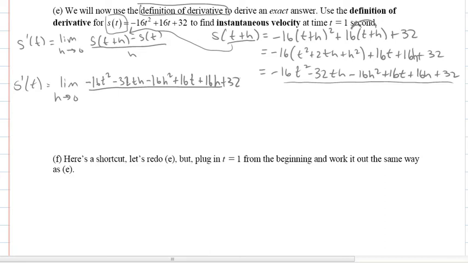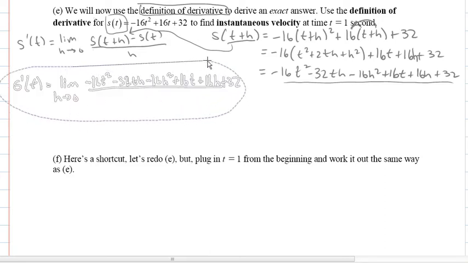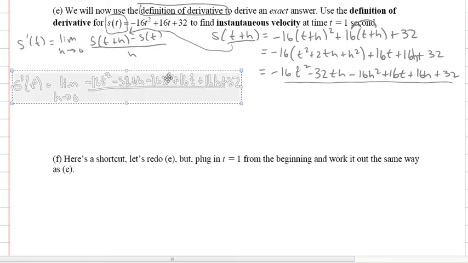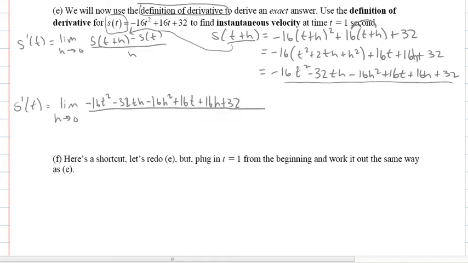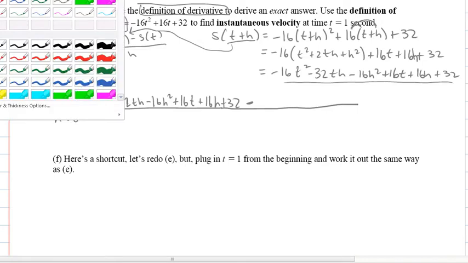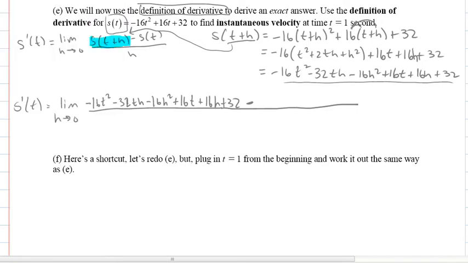Now, that's only the s of t plus h part. So let me go ahead and move this down because I need more space. Okay, so continuing the fraction. So that is the s of t plus h part. So that is only this part right here.